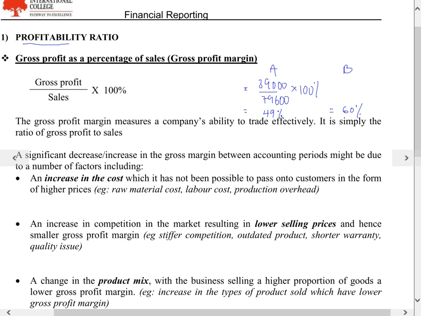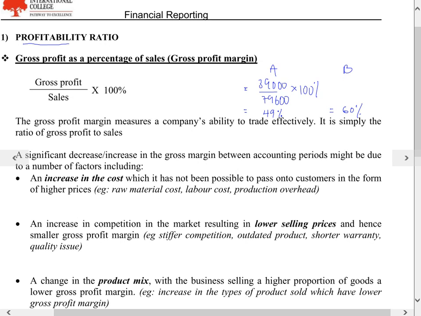More branded stuff. B. Why? Because we know higher selling price is related to a company that sells higher-end product. So we can say that B actually sells higher-end product, therefore their selling price is higher. Can we say that?